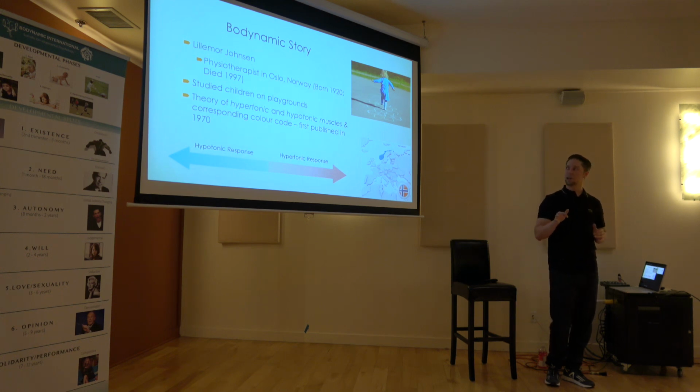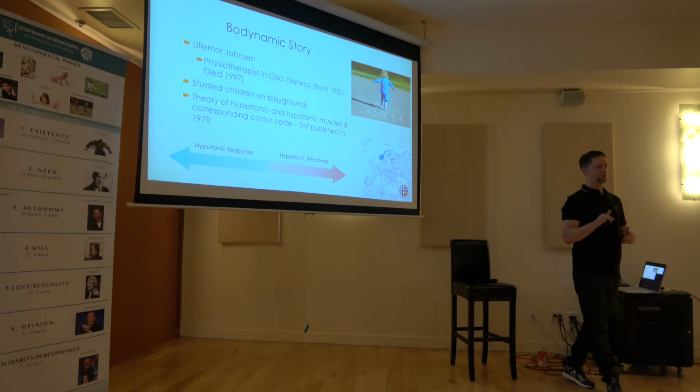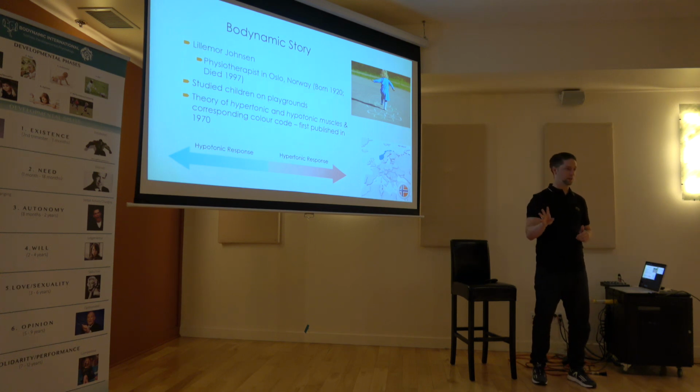When she was examining the muscles involved in things like hopscotch or skipping, she noticed that the kids who were struggling, if she pushed on the muscle, it would have what's called a hypotonic response. The muscle was sort of mushy, like whipped cream.